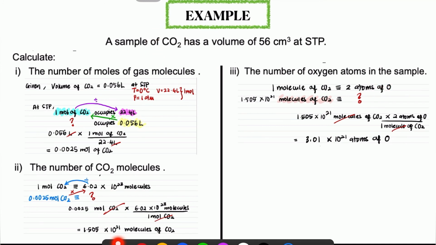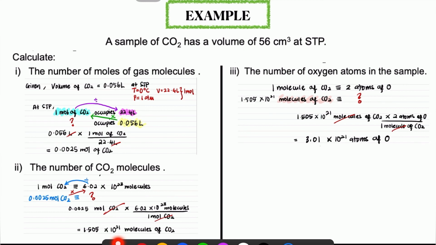And you already calculated the molecules of carbon dioxide in the second question. So use that value to calculate the atoms of oxygen. If there are 1.505 times 10 to the power 21 molecules of carbon dioxide, it consists of 3.01 times 10 to the power 21 atoms of oxygen.